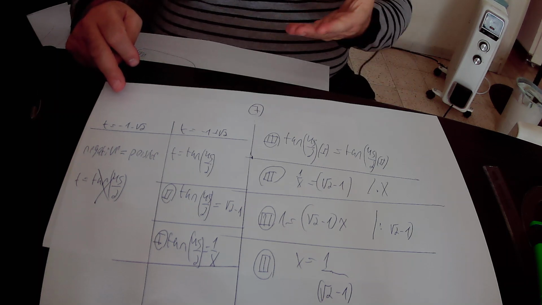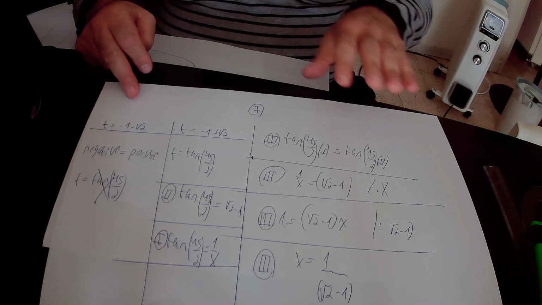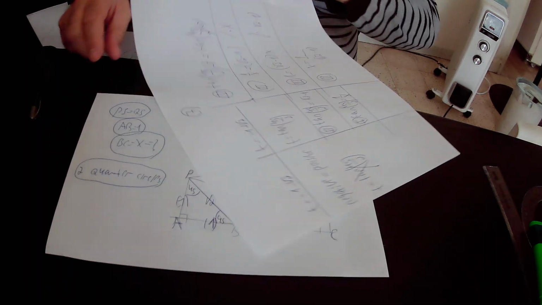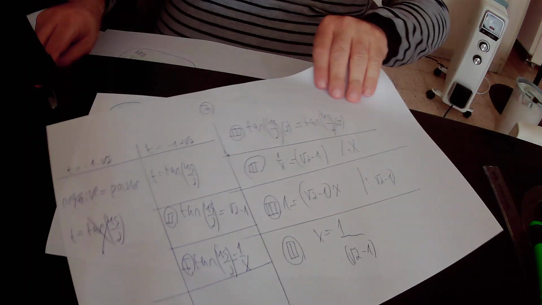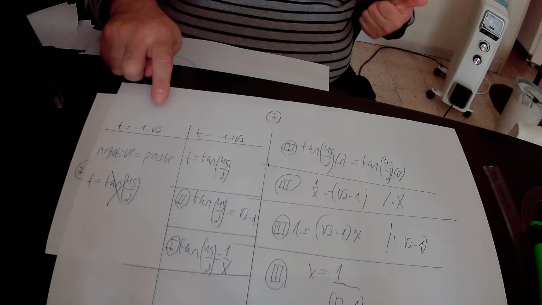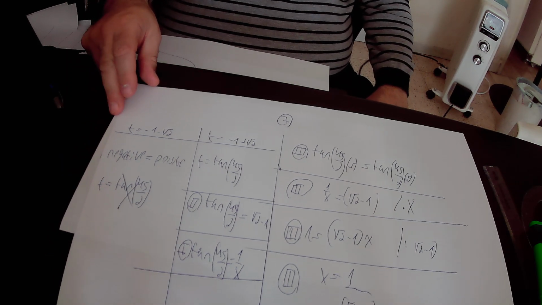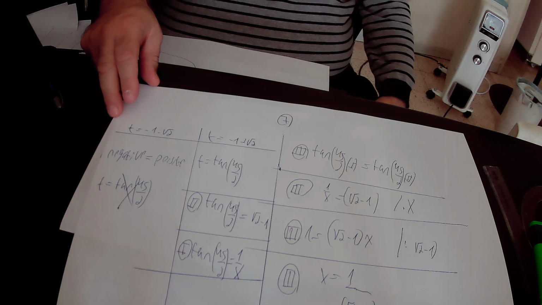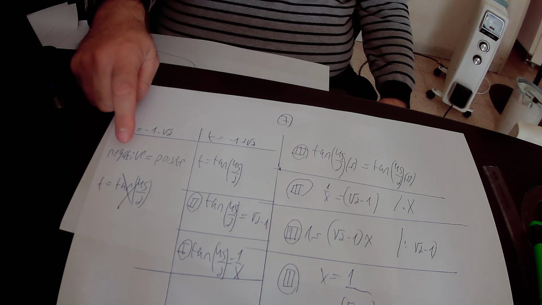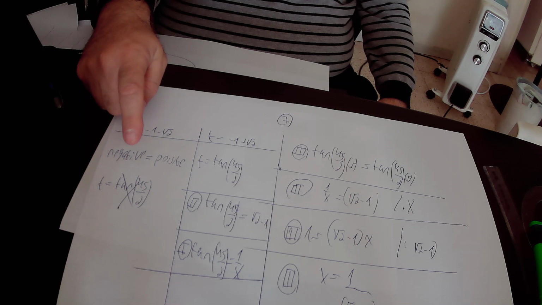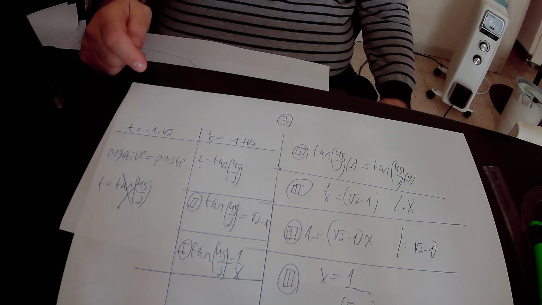So according to the first solution, t equals minus 1 minus the square root of 2. Minus 1 minus the square root of 2 is a negative number. But according to our definition, t also equals tangent of 45 over 2 degrees, that is a positive number.